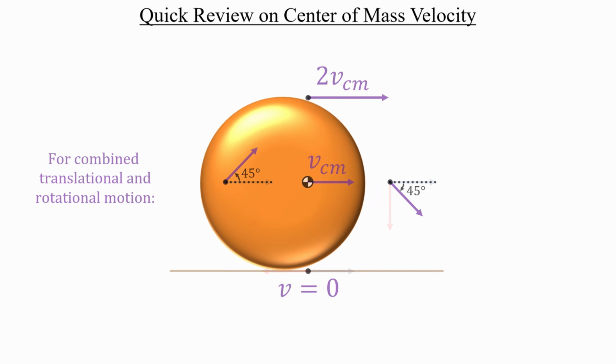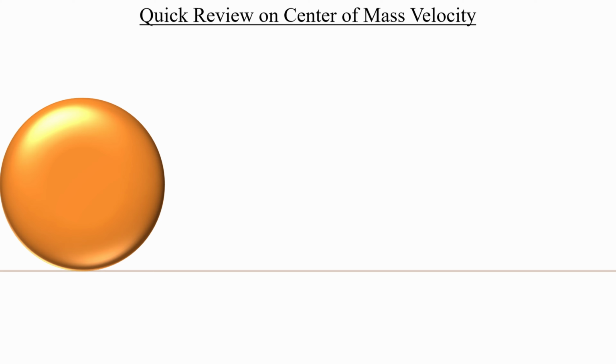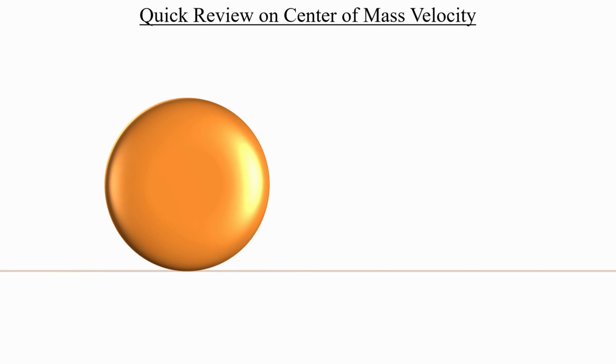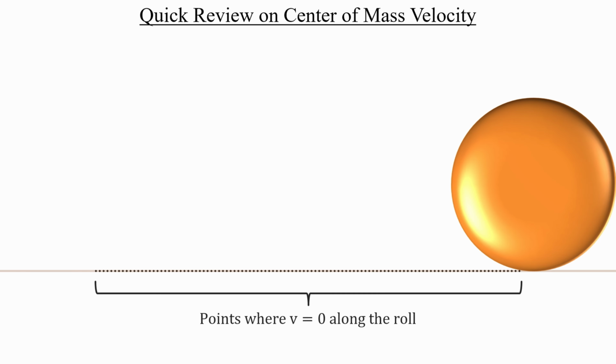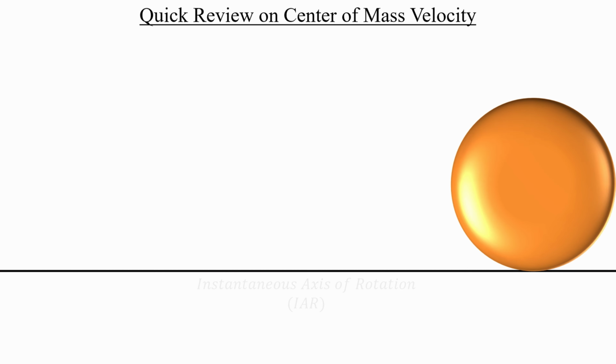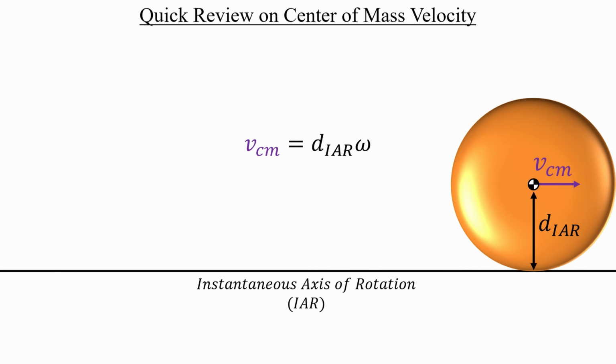If we imagine our ball rolling along the surface and we draw a bunch of points where the translational and the rotational speeds cancel each other out, we end up getting a line. That line is a segment of the instantaneous axis of rotation. For the overwhelming majority of introductory physics problems, this axis will be located right at the radius of our object, which means d_IAR and R are the same.